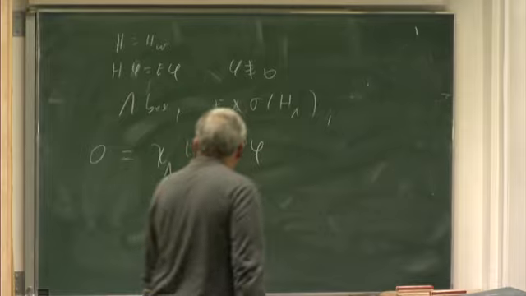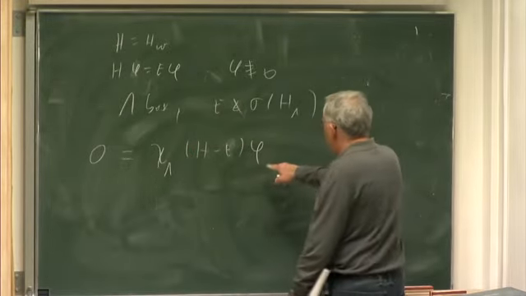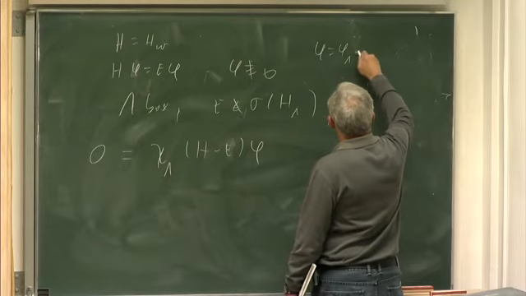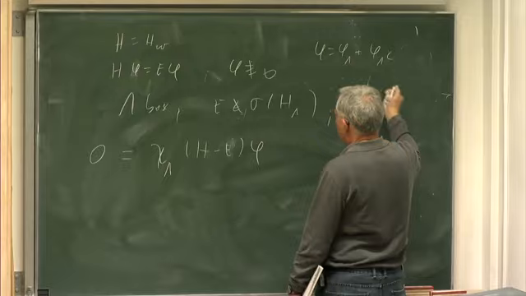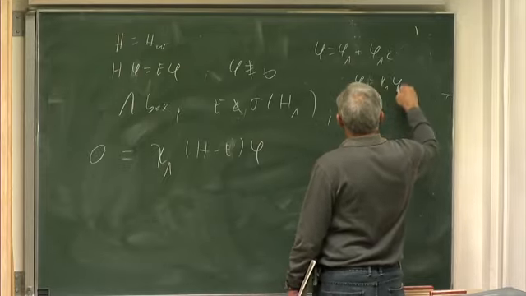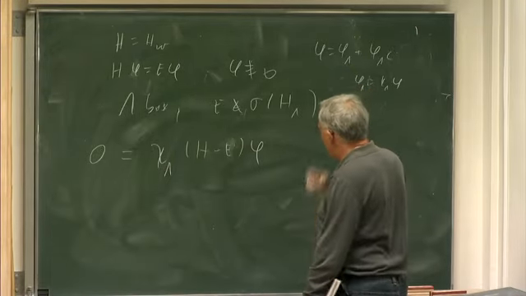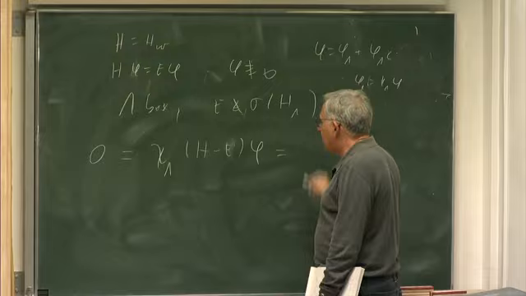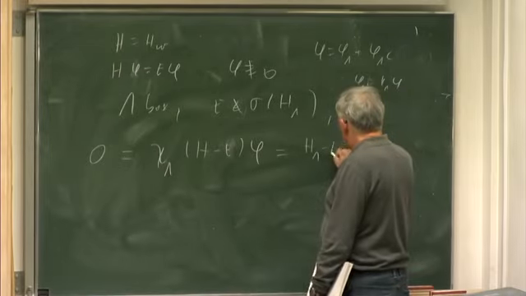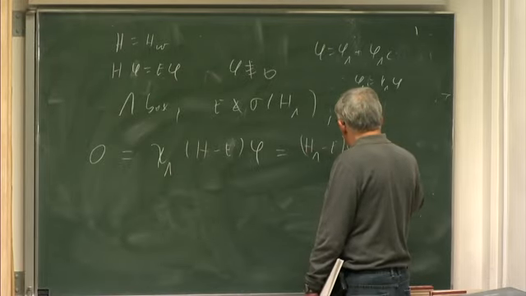But now I want to rewrite phi as phi of lambda plus phi of lambda complement. Phi of lambda for me is chi lambda times phi. I'm restricting to this box. And if I do that, I'm going to get here h lambda minus z phi of lambda.